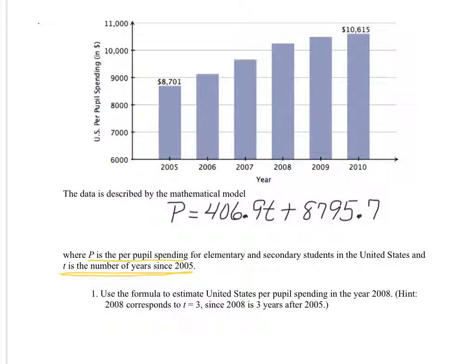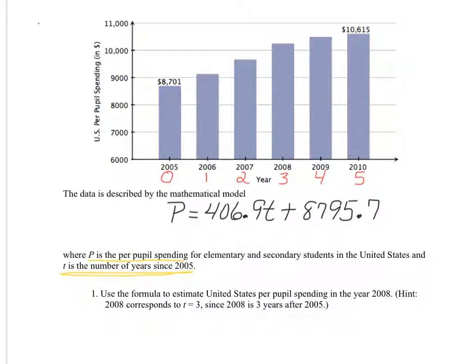Now, since 2005 means that 2005 is year 0. 2006 is 1 year after 2005. 2007 is 2 years after. 2008 is 3 years after. 2009 is 4 years after, and 2010 is 5 years after 2005. That's what that means, years since.